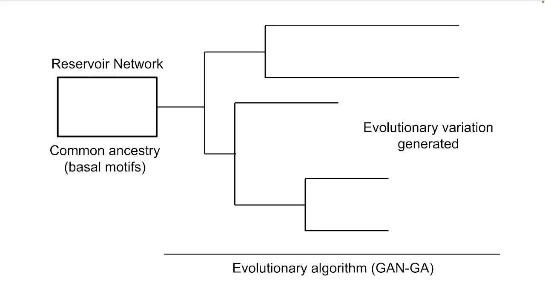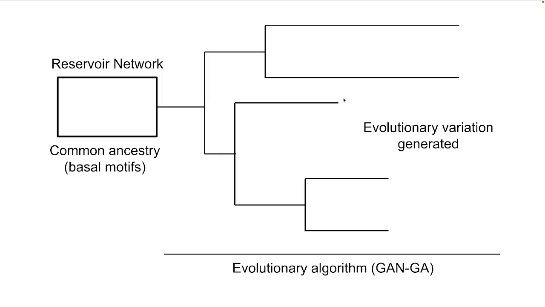This is showing what we're doing if we have the reservoir network, our GAN, and our GA as part of a pipeline. A reservoir network is creating these basal motifs that represent some common ancestry. We're then generating evolutionary variation, and then we are selecting for specific types of variation to be represented in the terminal taxa of our phylogeny.